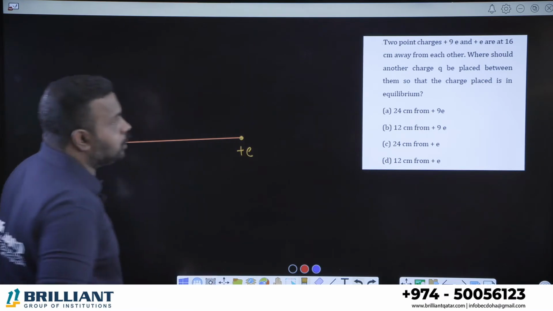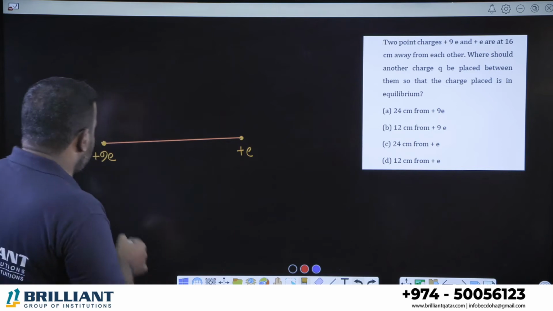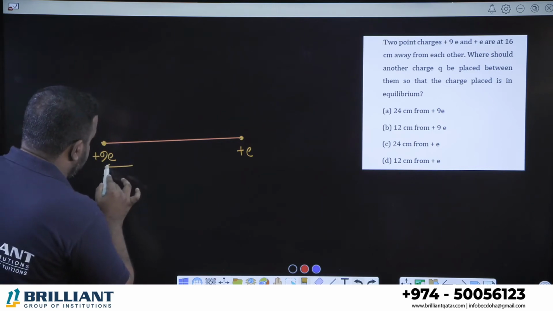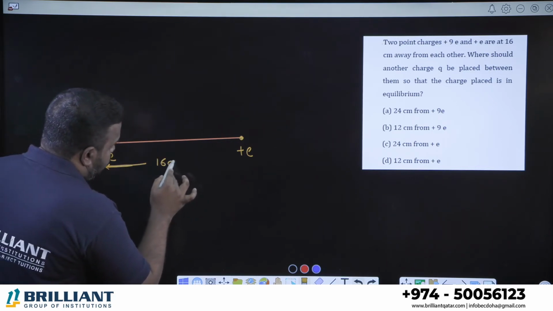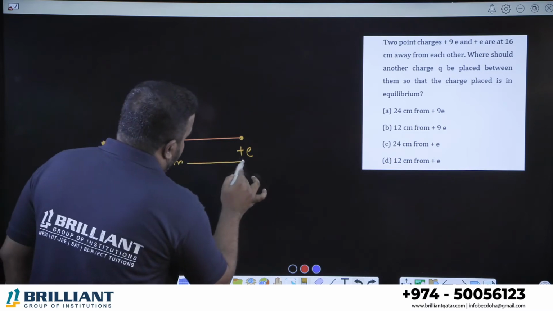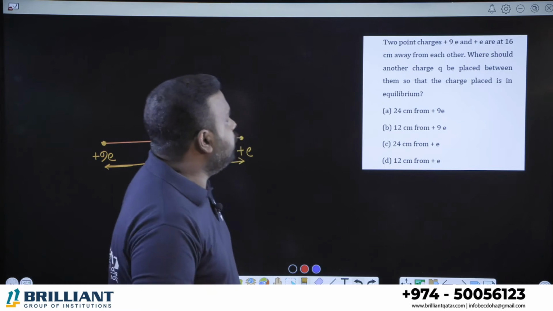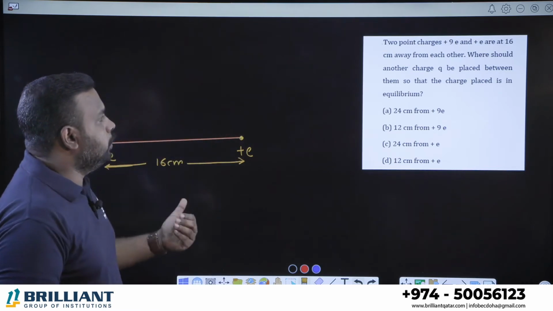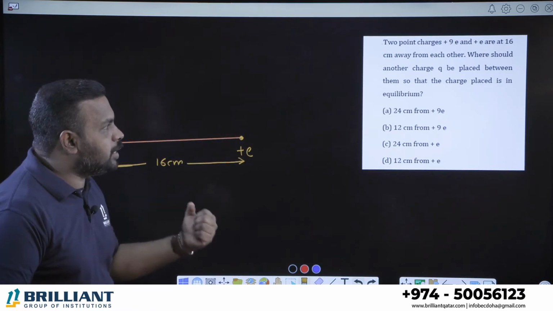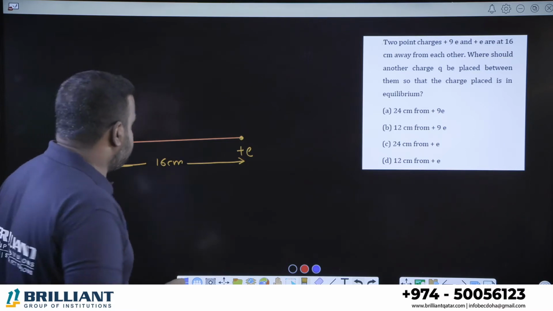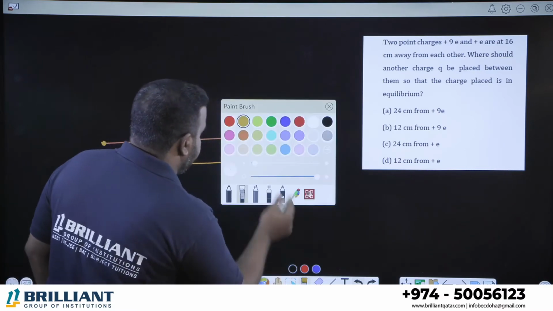So both are positive charges, and the distance of separation is given as 16 centimeter. Where should another charge q be placed between them so that the charge placed is in equilibrium?